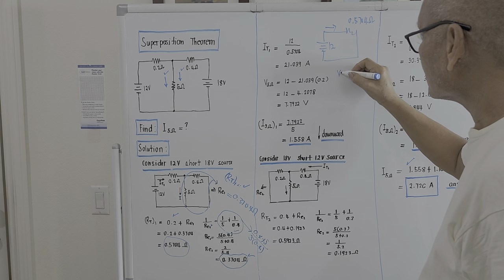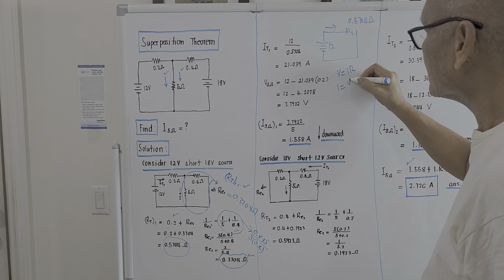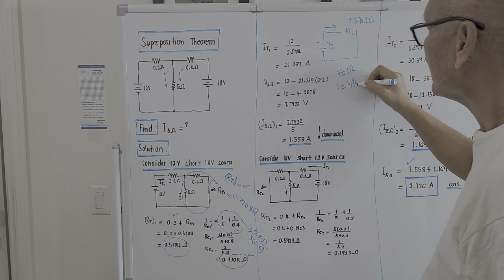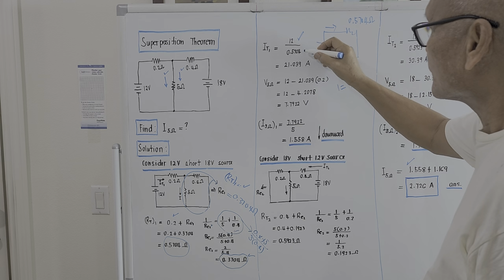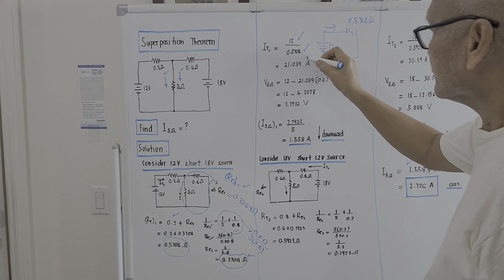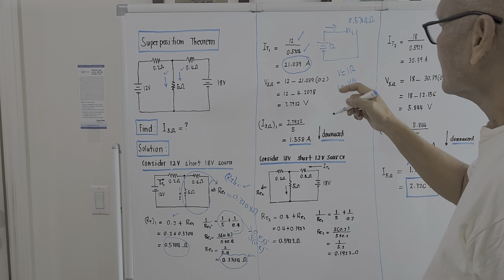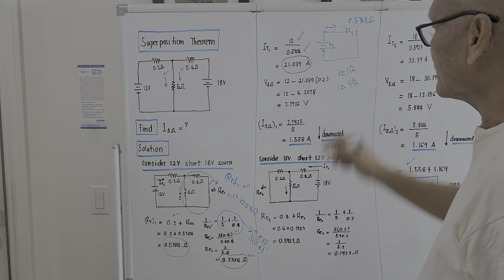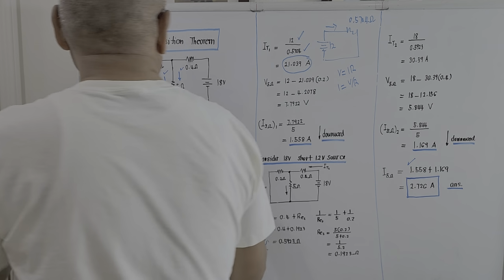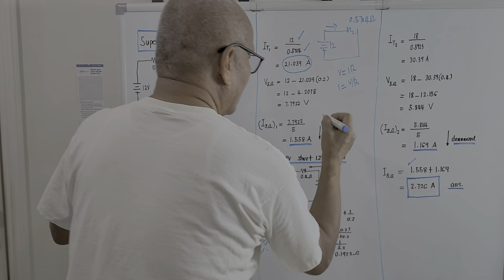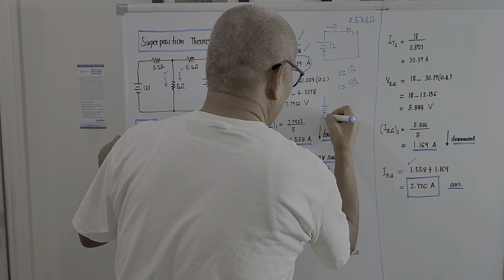Using the equation voltage equals IR, current will be voltage over R. So this should be 12 volts over 0.5704, and the total current delivered by the 12 volt source is 21.039 amperes. What's next? The resulting diagram will be like this.